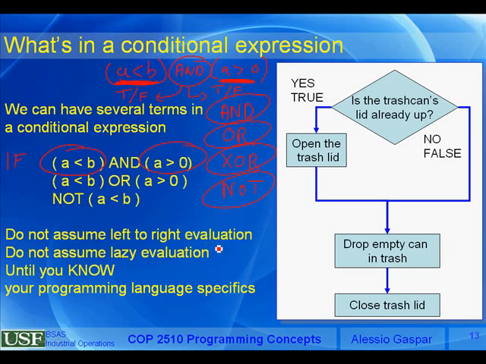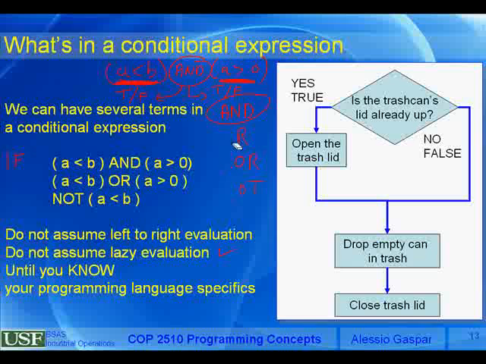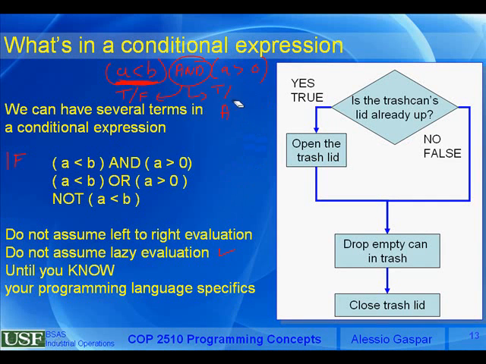Do not ever assume lazy evaluation. What is lazy evaluation? The idea is, if you write if A lesser than B and A greater than 0, well, for this whole expression to be true, you actually need both terms to be true. You need to have A lesser than B true and A greater than 0 true as well.